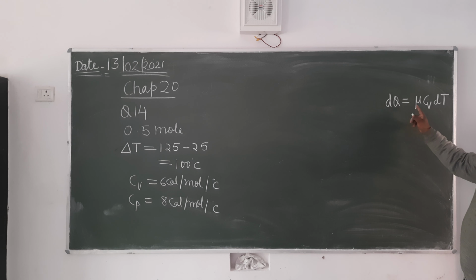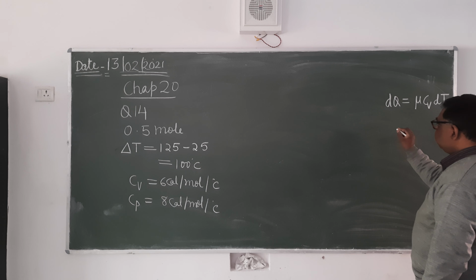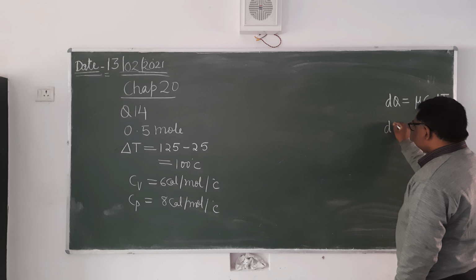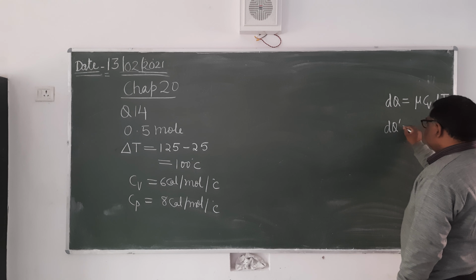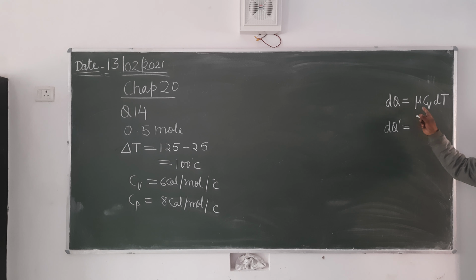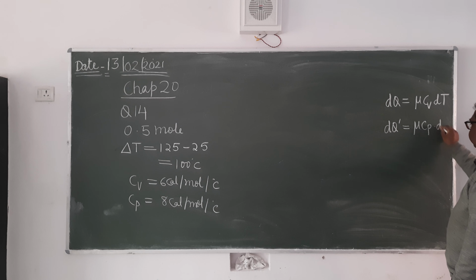What will be the total heat supplied? Total heat supplied means which is required for heating as well as keeping the pressure constant by expanding the gas. That will be mu into Cp into dT.